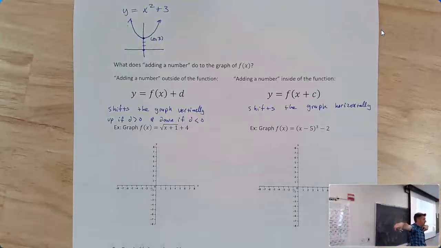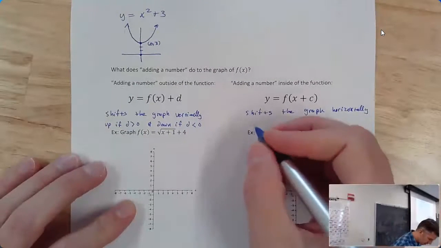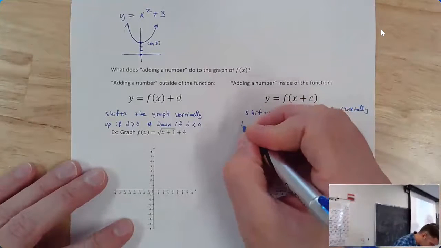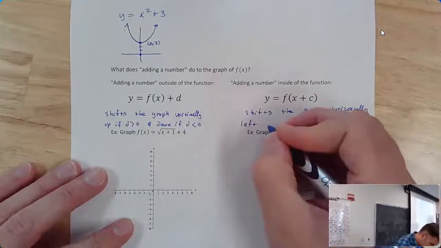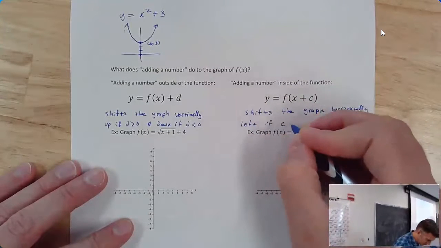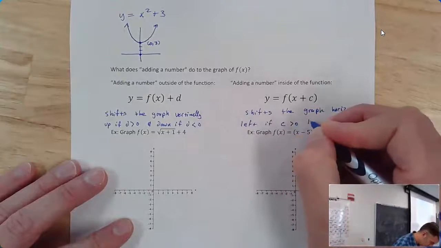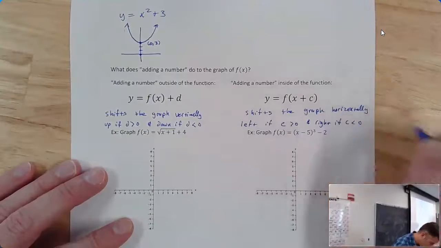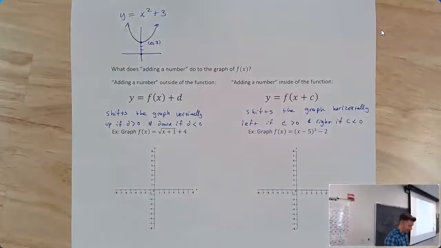And if you subtract a number inside the function, it's going to shift it to the right. I'll tell you how I like to think of it, but let me write down the thing first. It's going to shift left if c is positive, and shift right if c is negative.